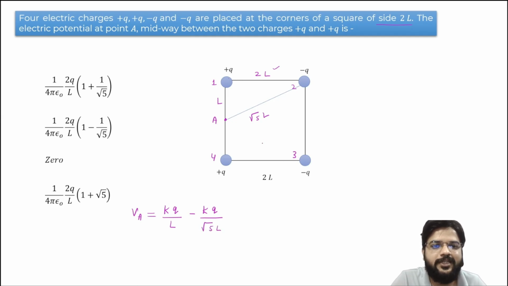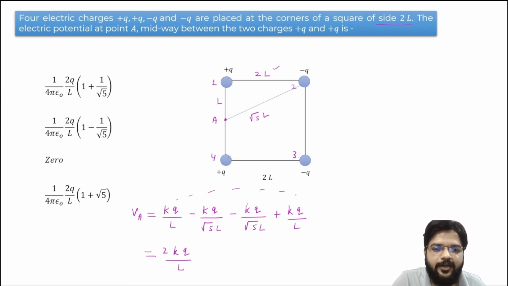Now due to the third charge at A point, again here negative charge, so it is minus kq by root 5 L. Then due to fourth charge at A point it is plus kq by L. Now simplify this. Add first and last term, so this is 2kq by L, and second and third, so minus 2kq by root 5 L. This thing we are getting.